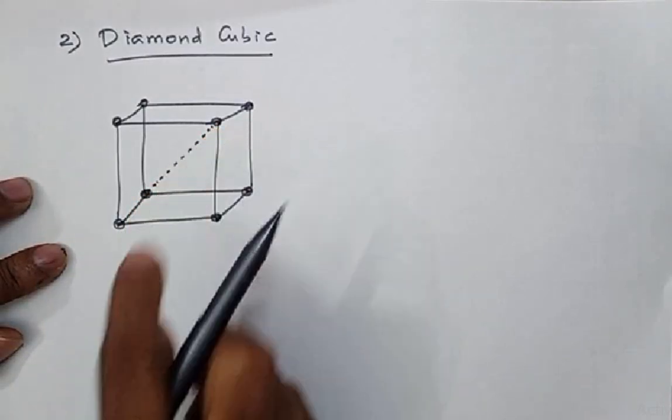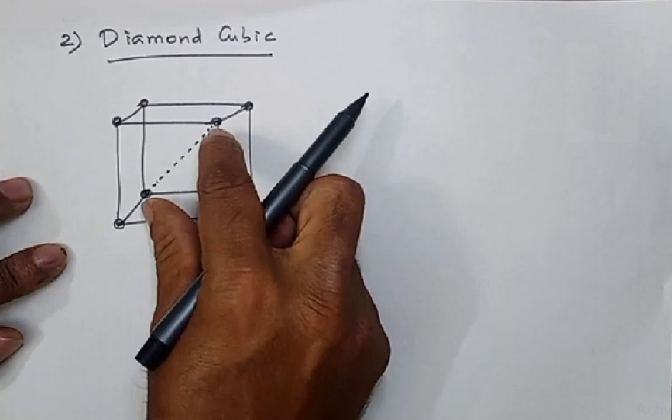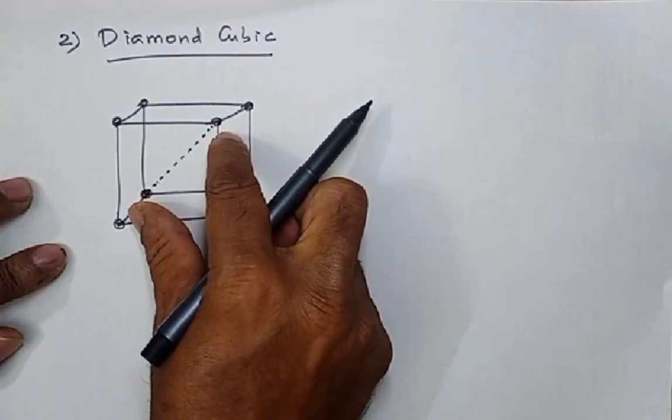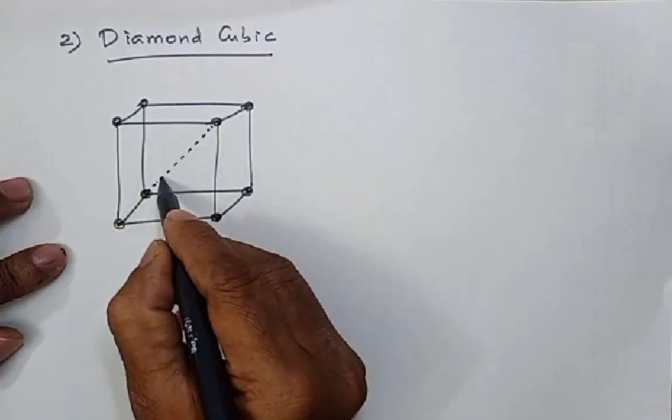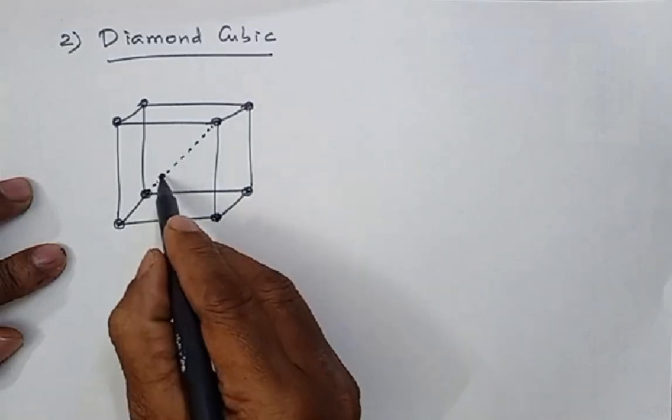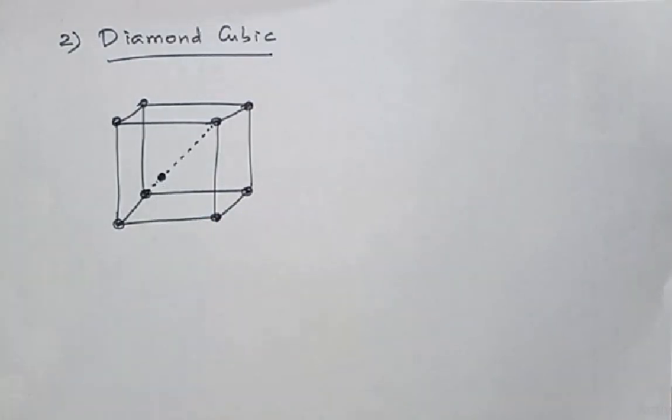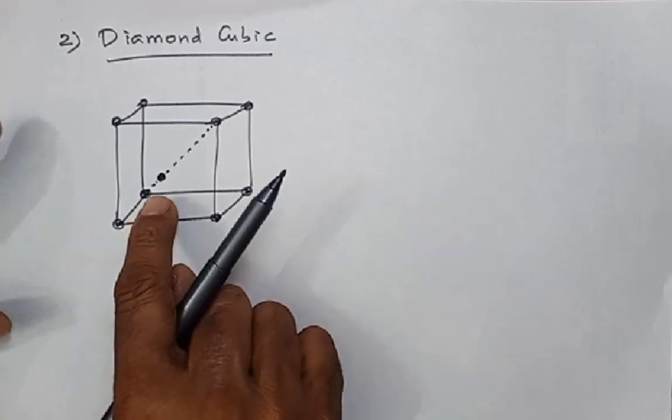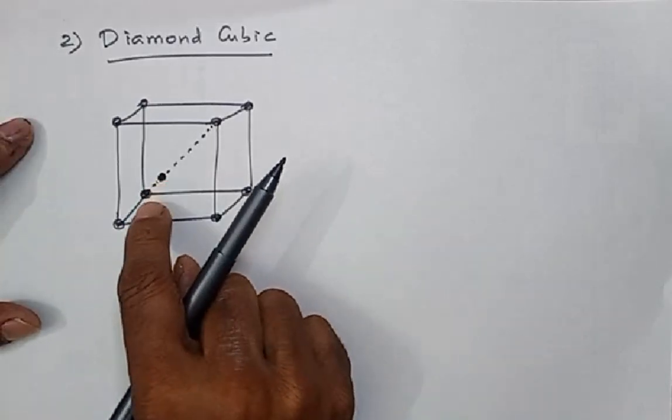The length of the diagonal, let it be 1 unit, and take 1 by 4. This is the 1 by 4 position, and place an atom here. You draw a diagonal from one corner and place an atom at 1 by 4 distance from that corner.